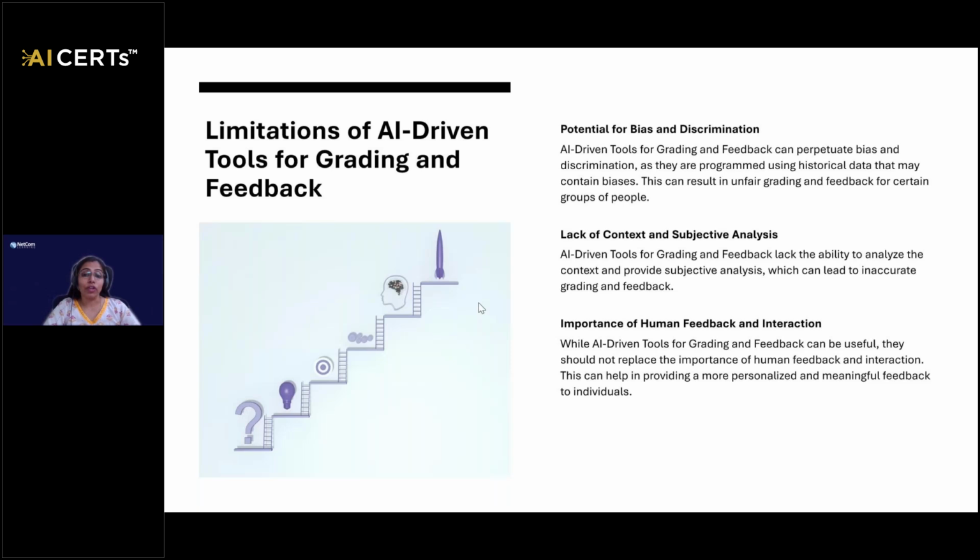Second is lack of context and subjective analysis. Yes, this is also a limitation. This is basically the inability to analyze the context and provide subjective analysis, which can lead to inaccurate grading and feedback. Like sometimes my model is trained for ABC, but the student is writing about DEF, which is also correct, which is also a context.